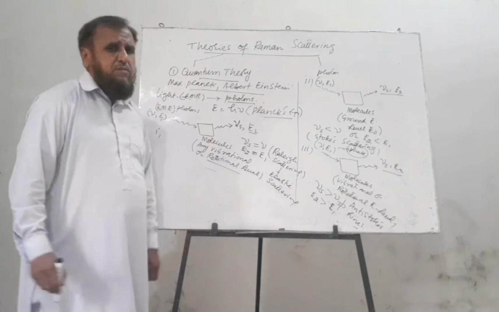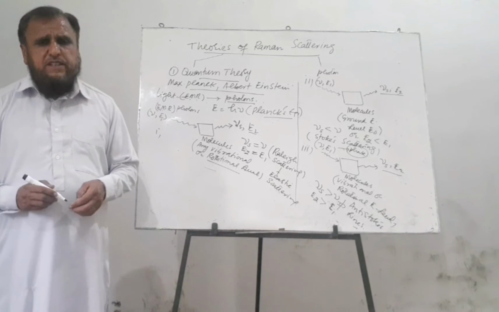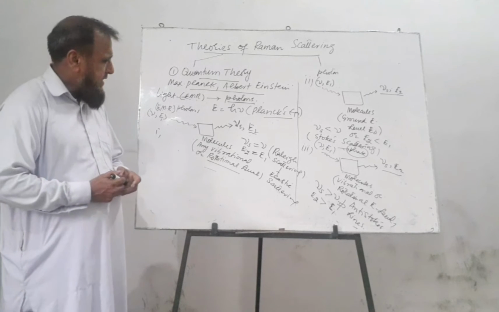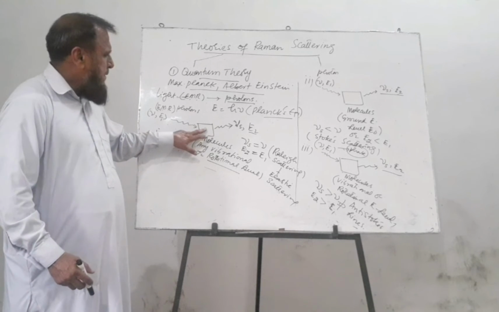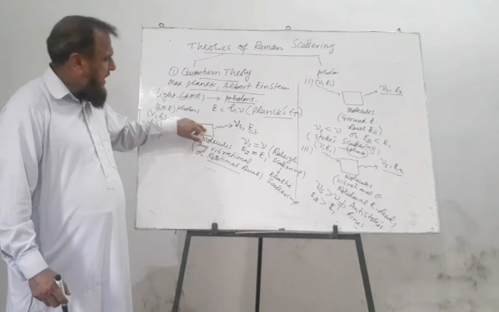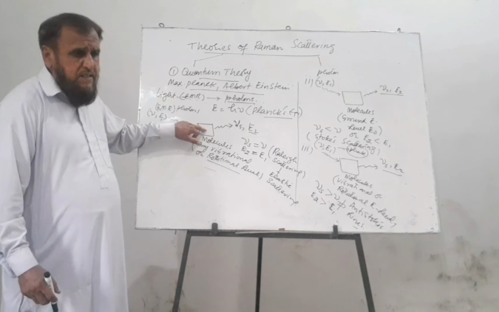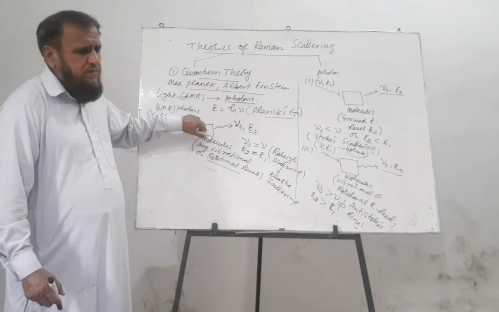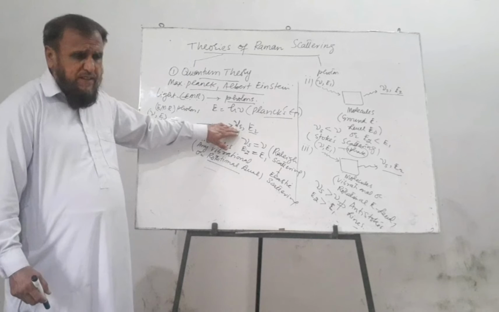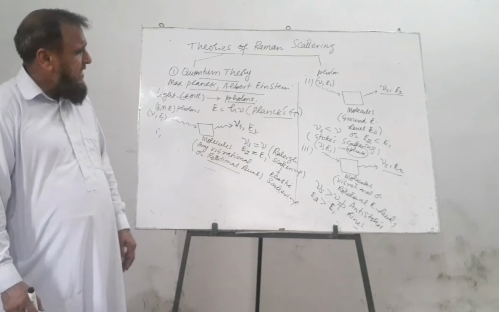So the quantum theory holds that when photons interact with molecules, three cases may arise. Sometimes they will not give any energy to the molecules due to not obeying the selection rules, and they will be scattered with the same frequency and same energy, called Rayleigh scattering.